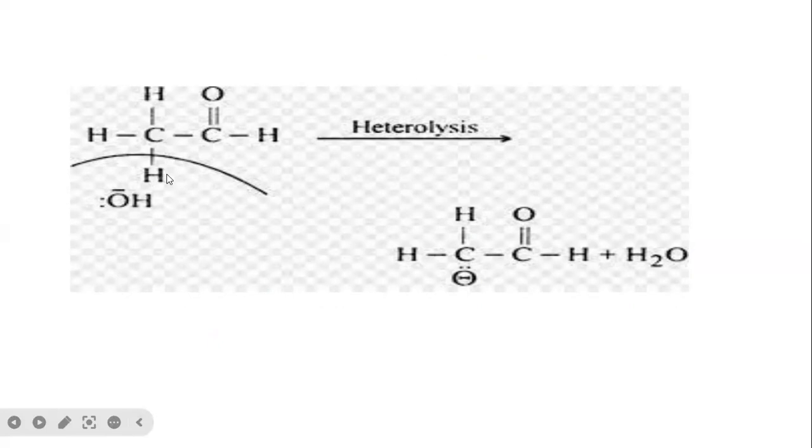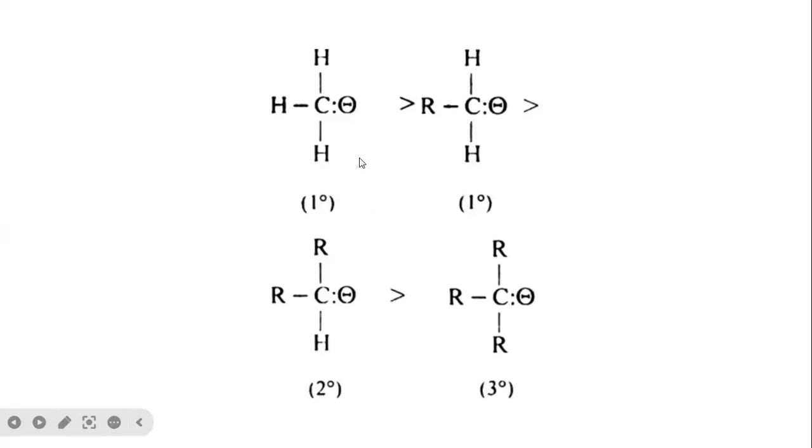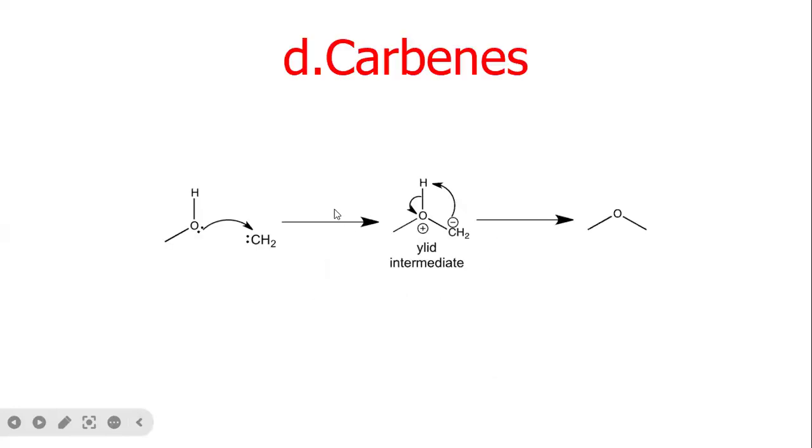The carbon has higher electronegativity than hydrogen, so the hydrogen is partially positively charged and the carbon partially negatively charged. That's why this hydrogen moves towards the hydroxide and produces a carbanion. This is the primary carbanion, this is the secondary, and this is the tertiary.